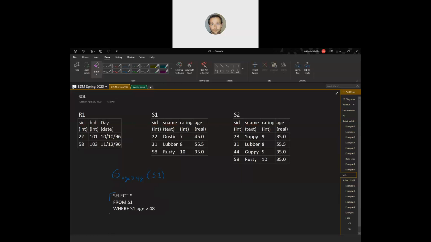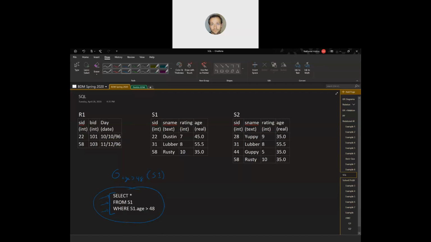This whole thing is a select in SQL. So in SQL, a select has three components: the select statement, the from statement, and the where statement. We will be talking about each of these parts of the SQL select momentarily, but for now, this entire thing is a select statement in SQL.